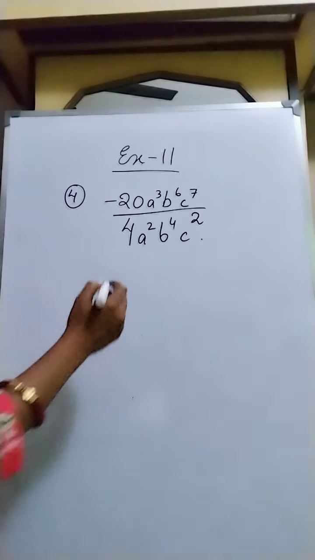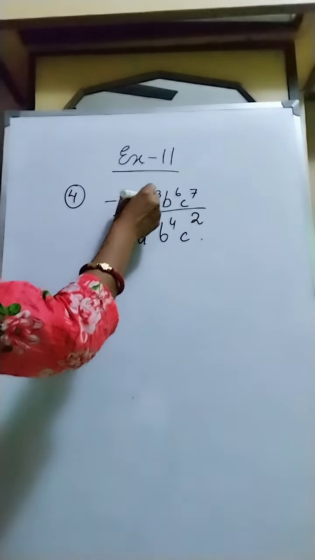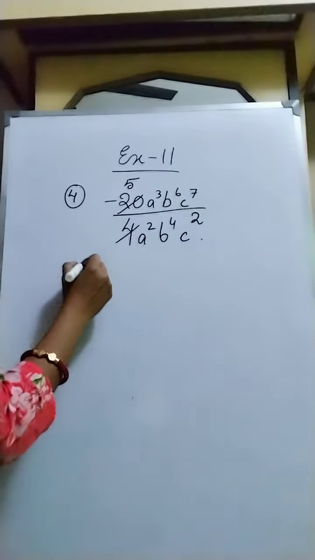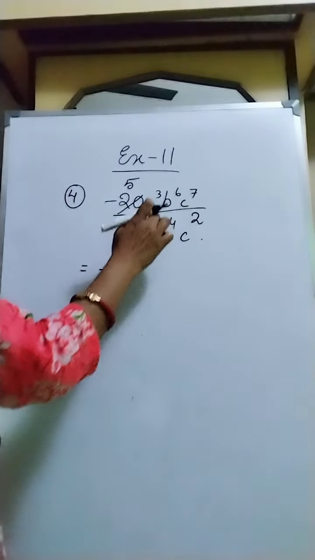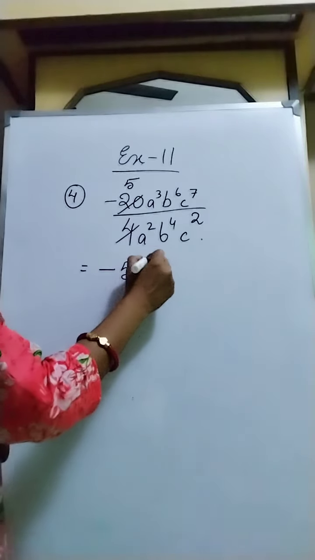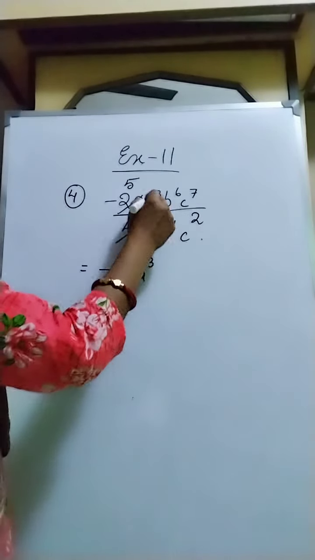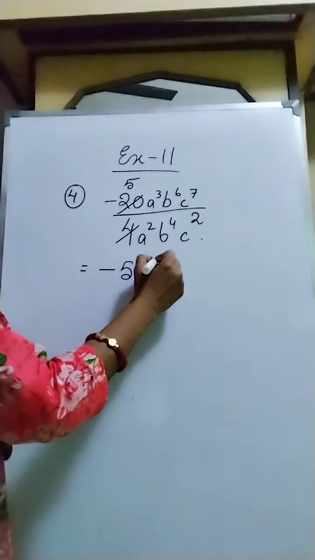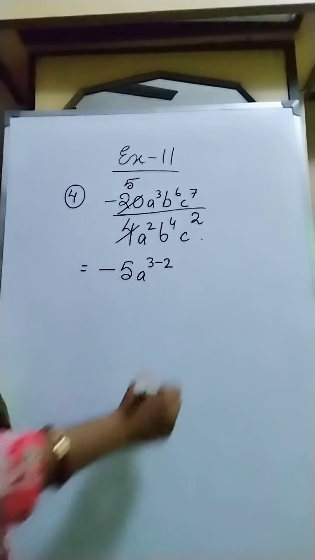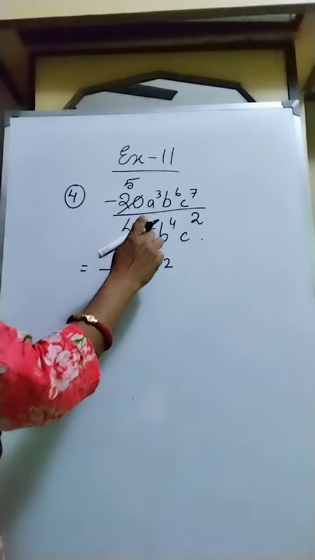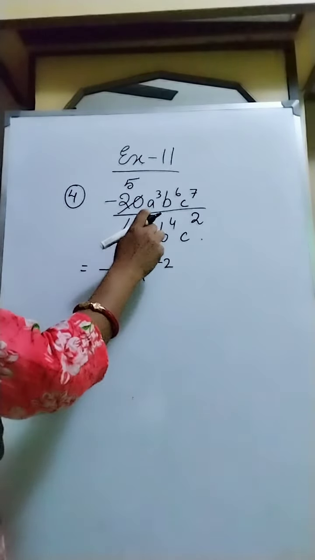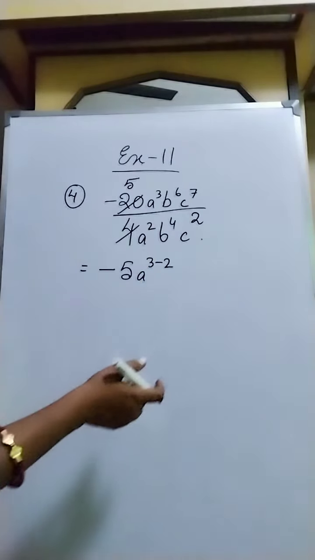How will we divide this? 4 fives are 20, so 5 will come. Definitely minus 5 will come first, and then a cube and a square. So a cube and a square will be subtracted. So you will write a to the power 3 minus 2. This 2 is coming because of the denominator. A you will not write again, but the power you will subtract from the power of the numerator.